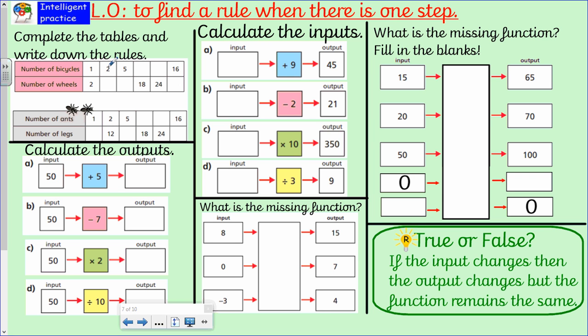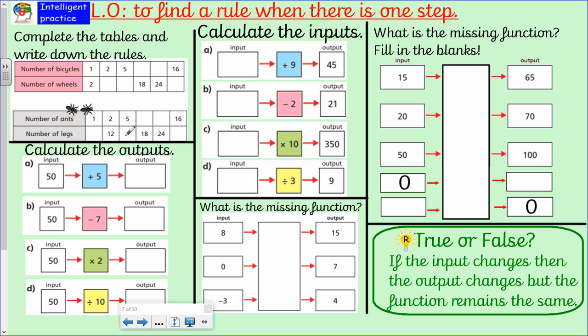You need to work out how many wheels there are on 2 bicycles, 5 bicycles, 16 bicycles, and then work backwards as well. So if you've got 18 wheels, how many bikes are there? If you've got 24 wheels, how many bikes are there? I'd then like you to write down a rule as well. It could be that you write down number of wheels equals something. Think about the number of bicycles.